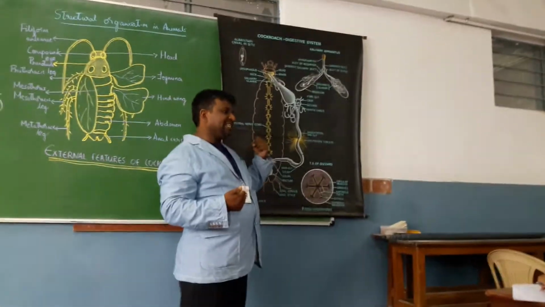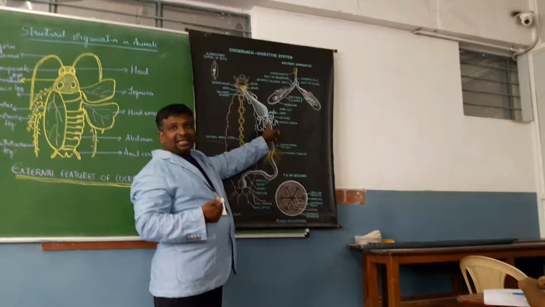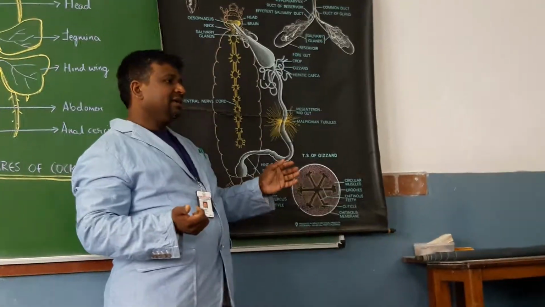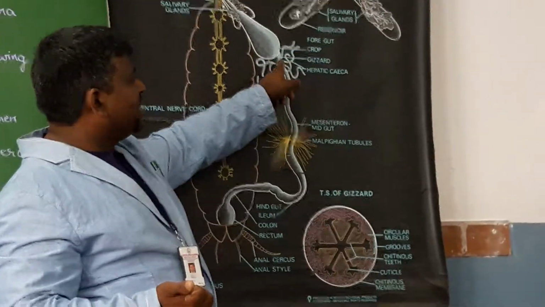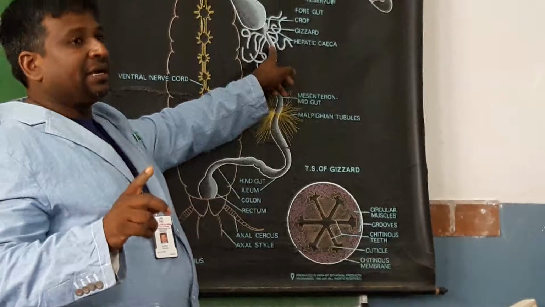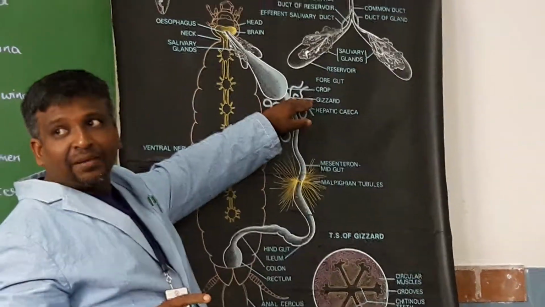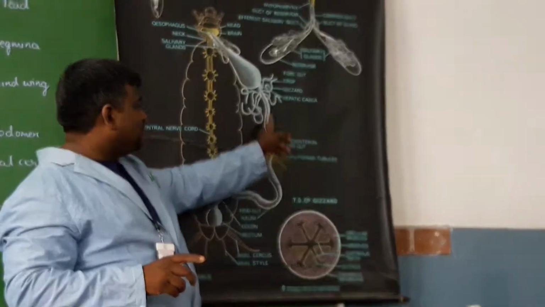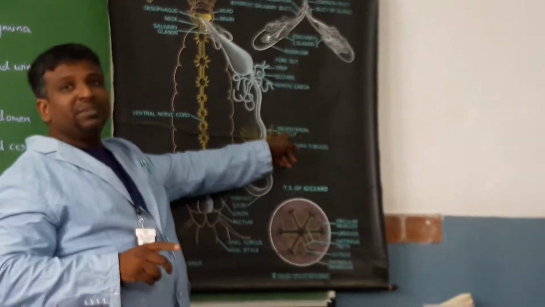Hepatic caecae secrete into the midgut and help in digestion. Where is the hepatic caecae located? It is located at the junction between the foregut and midgut. The foregut ends at the gizzard, and further is the midgut.